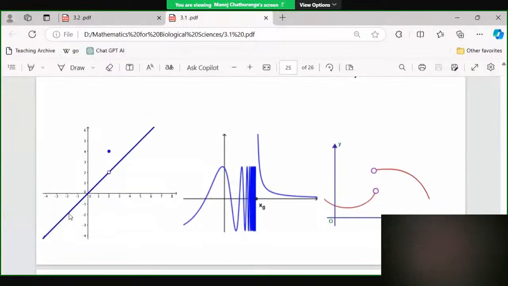So, for example, for this graph, the tangent line exists everywhere except at x equals 2. X equals 2 is a hole, a discontinuity, therefore we cannot draw a tangent line. Then for this middle graph, everything seems nice except at x equals 0. Then again, for the rightmost graph, you can see a point of discontinuity.